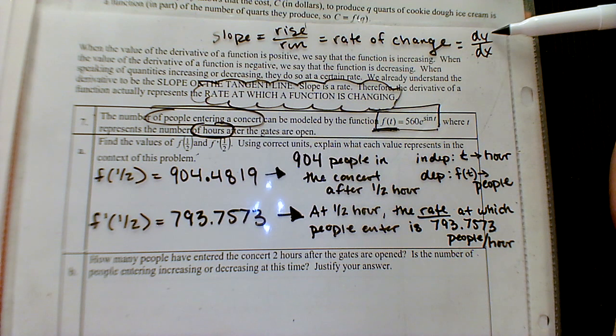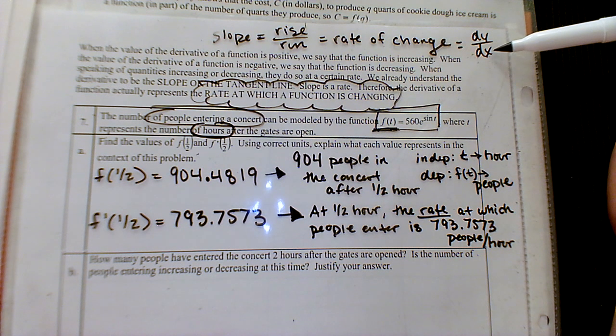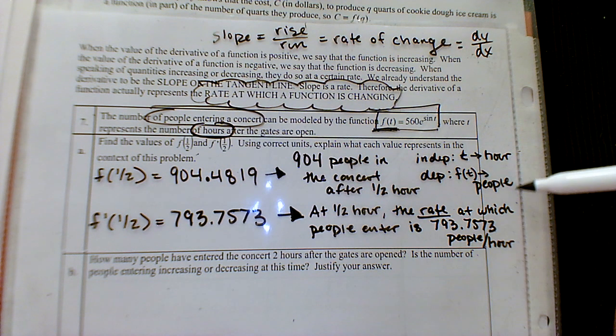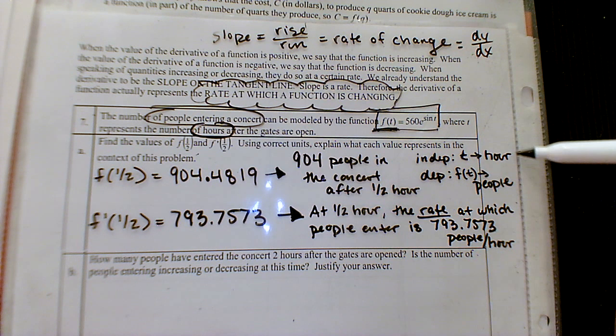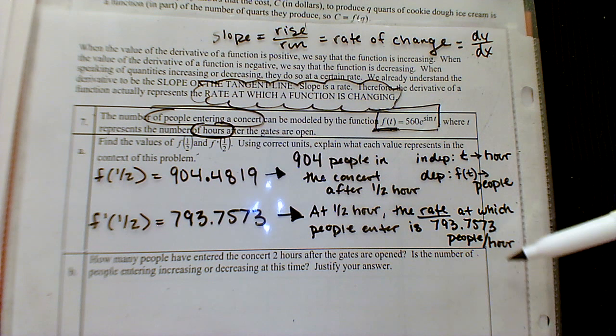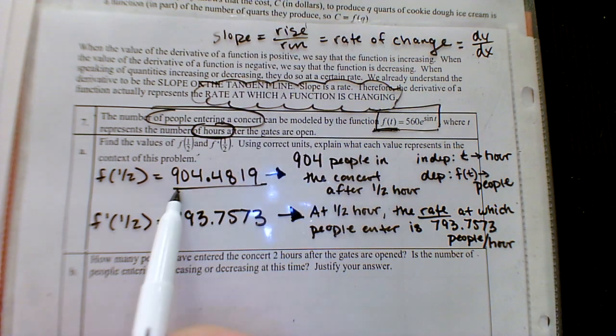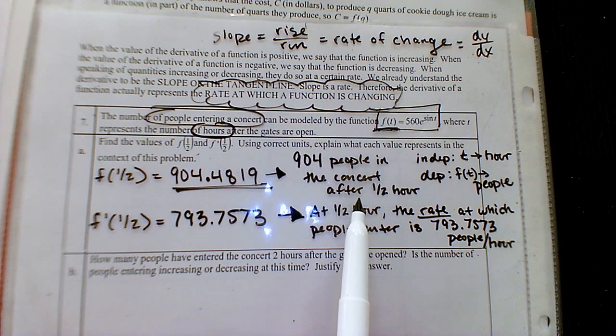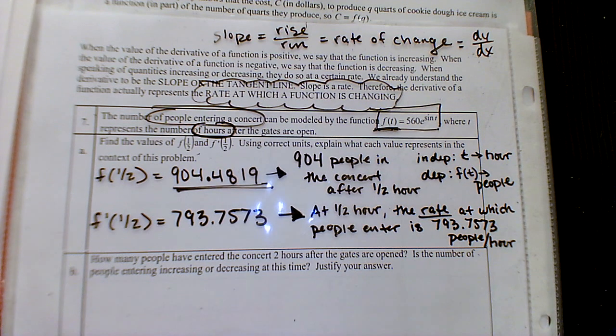So we need the y unit divided by the x unit, aka the dependent unit divided by the independent unit. So we'll have people per hour. Notice the wording is a little different as well. This function value was after a half hour, after a certain amount of time went on.